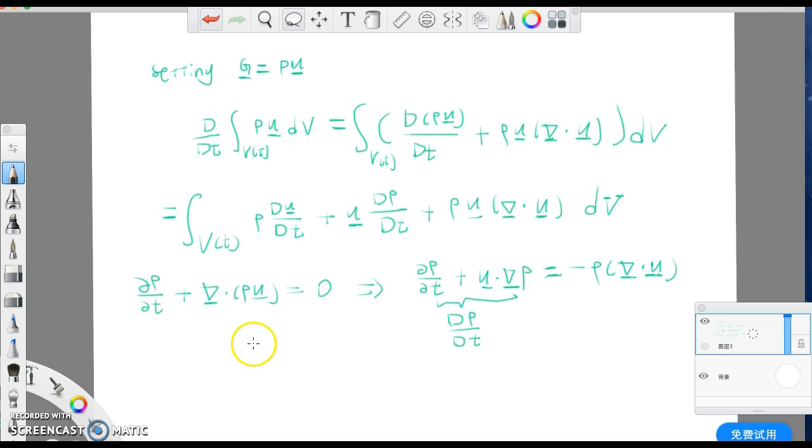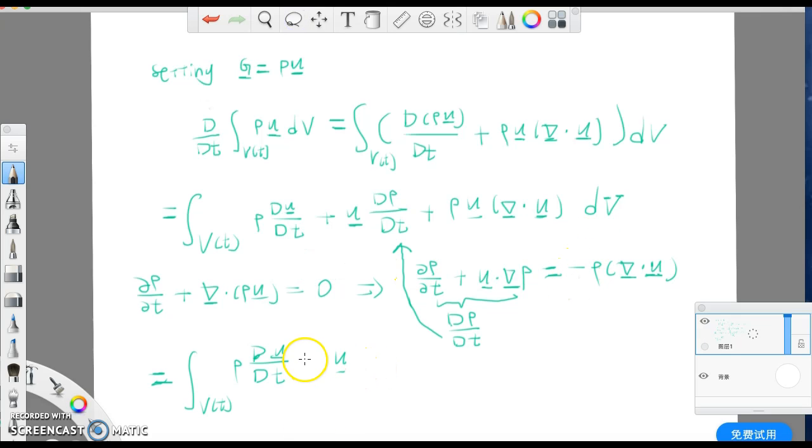Now, if you substitute this into this, you will find that this is equal to the integral over V of t of rho du by dt plus u, and it's not a plus again, it should be a minus here, because you have a minus sign here, right?